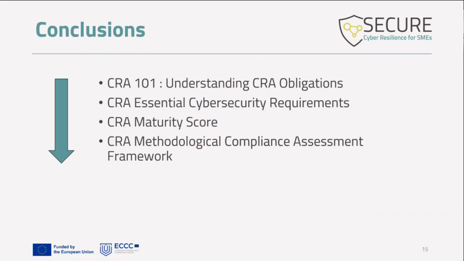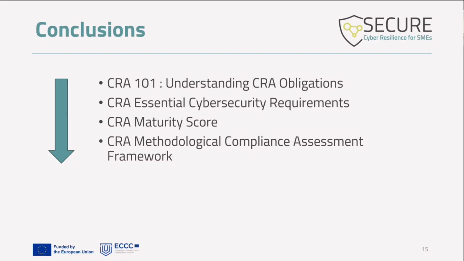So, in conclusion, I would suggest you go through the different guidelines and tool in the following order from top to bottom. The first one, CRA 101, to understand what the key CRA obligations are. The second one, CRA essential cybersecurity requirements, to guide you in the technical implementation.